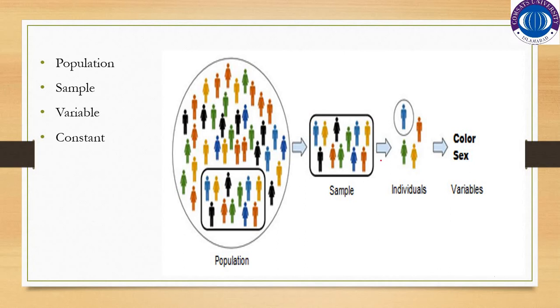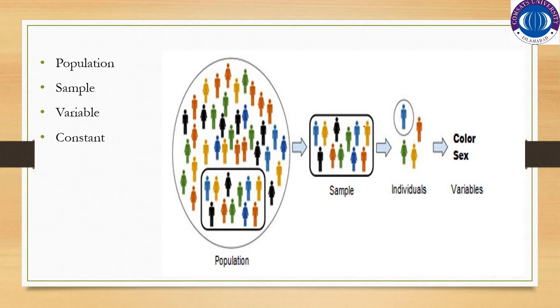Now these are the sampling units, or you can say the units in the sample, and these are the individuals, as your population is a collection of individuals, and they have different colors and different sex. So this particular concept is described to differentiate between variable and constant.